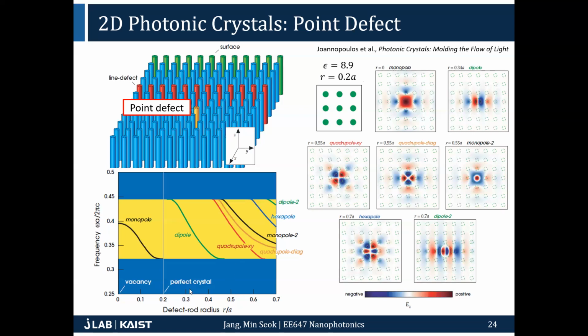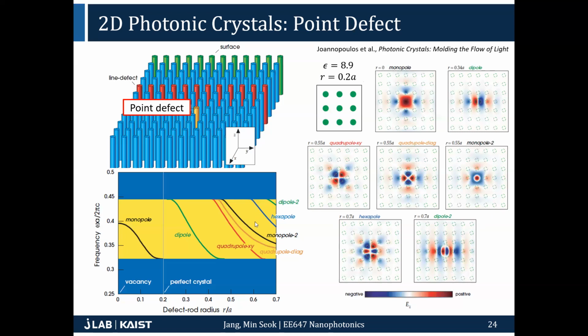And then if you go to 0.55 here, you now have a quadrupole. Quadrupole means you have 4 poles, plus, plus, minus, minus, minus, minus, plus, plus, and so on, right? And here you also have monopole 2. Here's a monopole 2 mode. It's a second order monopole mode.